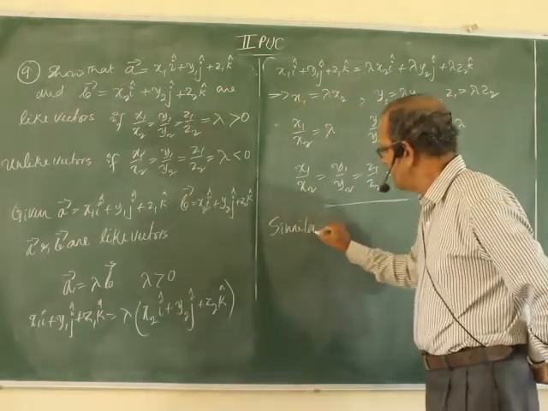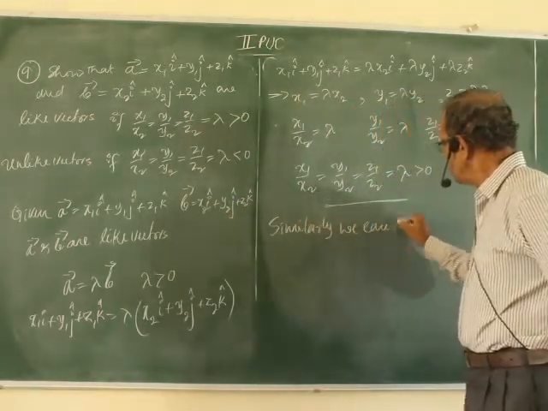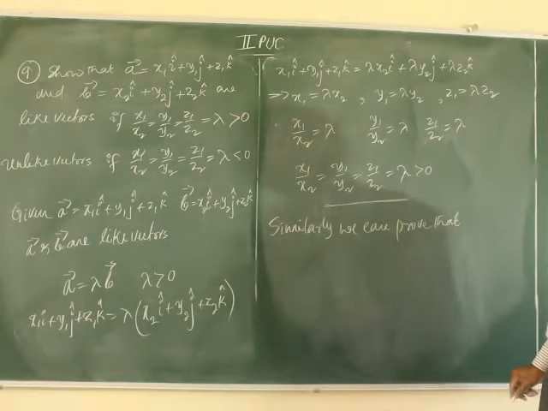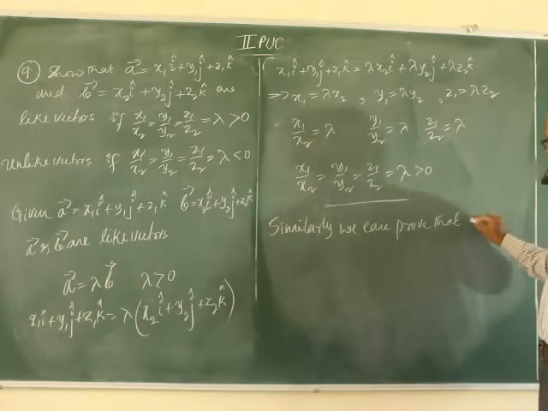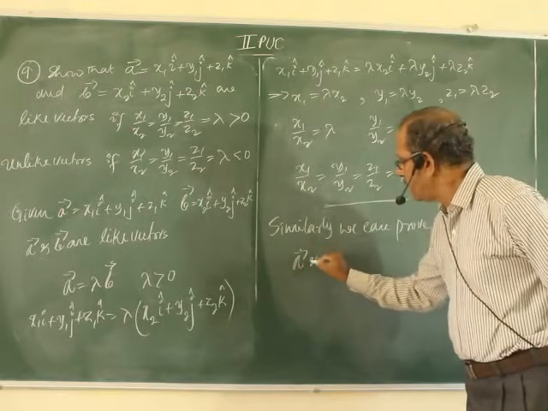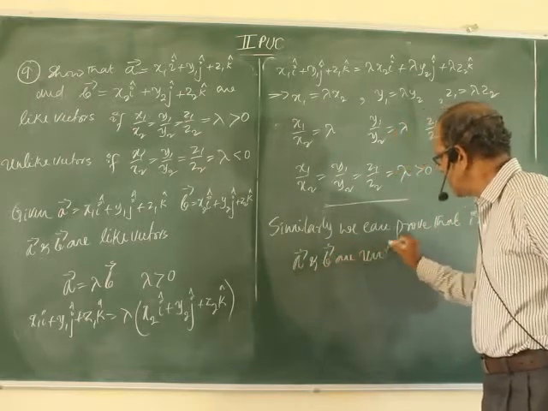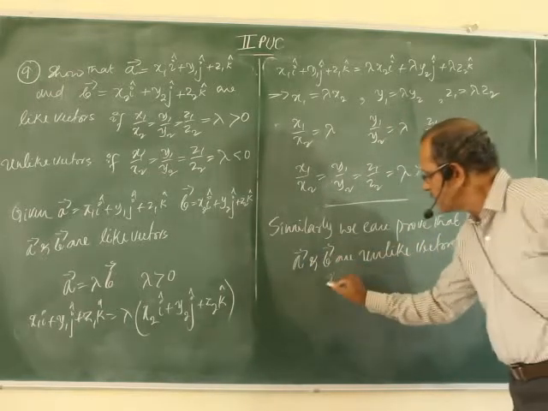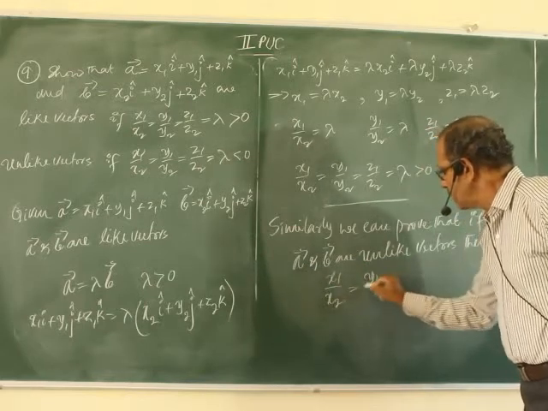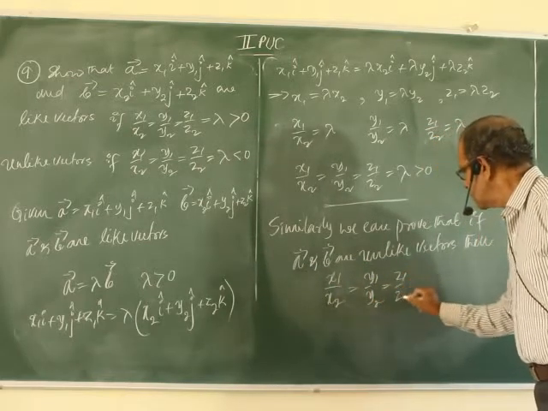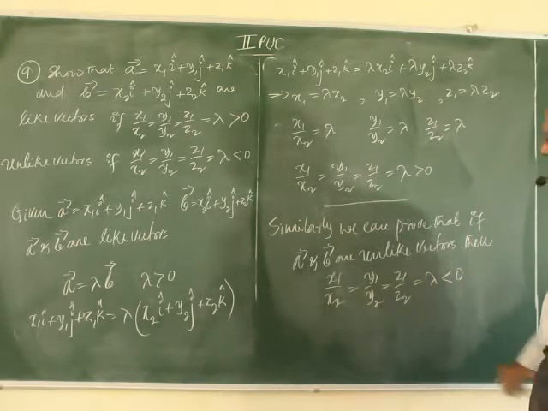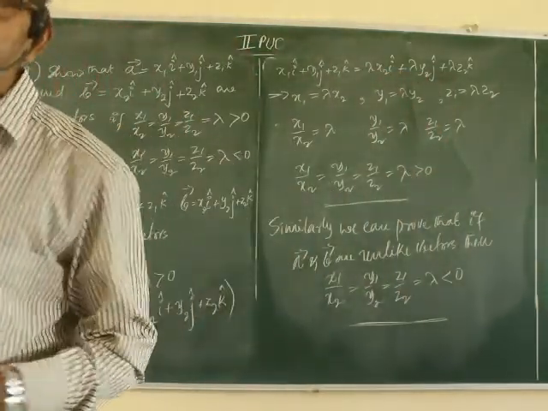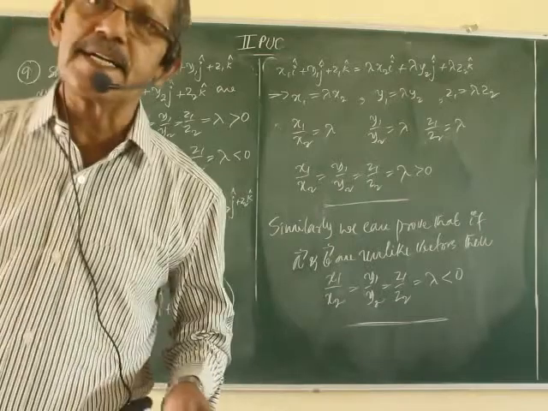Similarly, we can prove that if A and B are unlike vectors, then x1 by x2, y1 by y2, z1 by z2 equal to once again lambda but less than 0. Very simple method to show that the vectors are like vectors and unlike vectors.